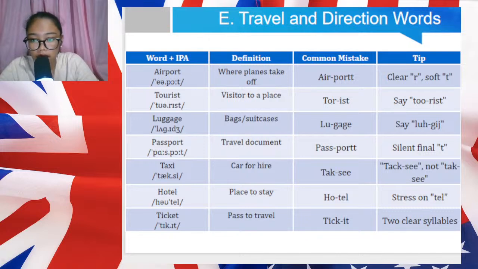Okay. Next, we have taxi. Again, taxi. It is a car for hire. The mistake here is very subtle, but we try to address these mistakes so that they will not lead to more major problems in the future.